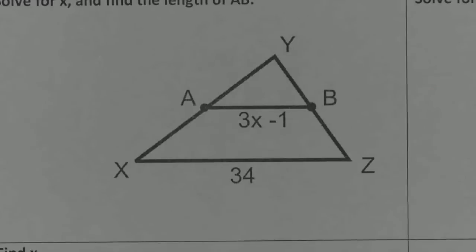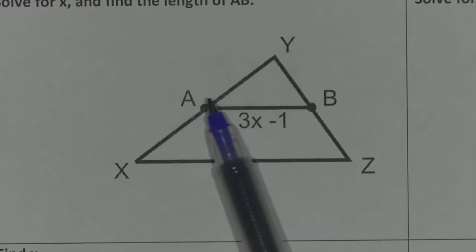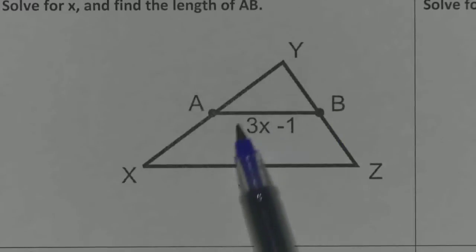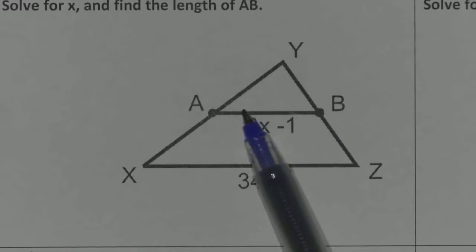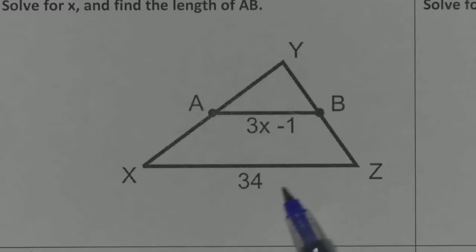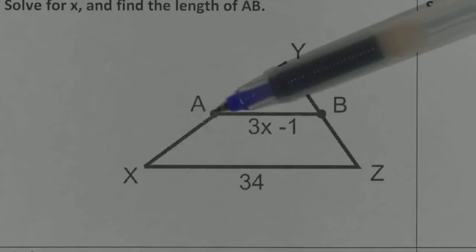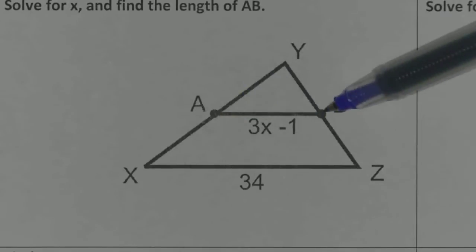Okay. So it says solve for x and then find the length of AB. So we're looking for this length right here after we solve for x. So if I know that this piece right here is 3x minus 1, and I know that this piece right here is 34, do I know what this length has to be equal to?